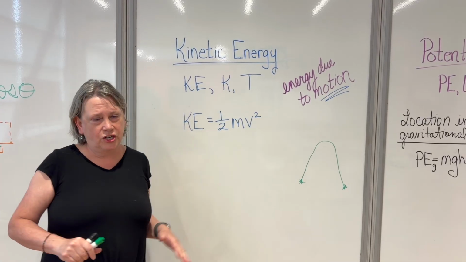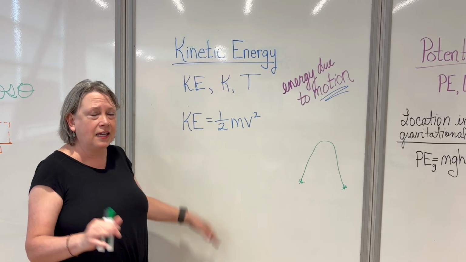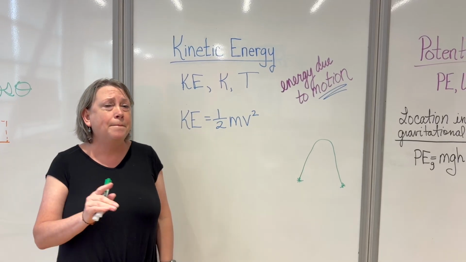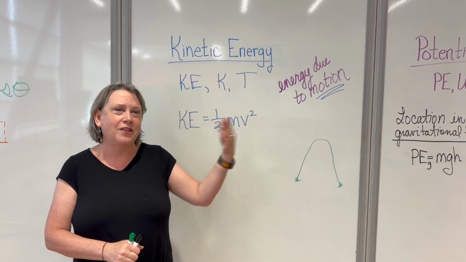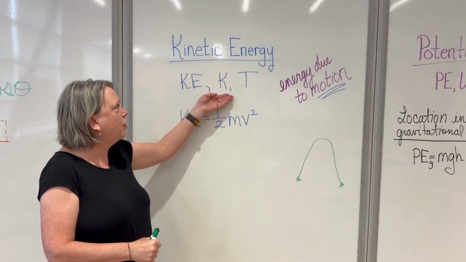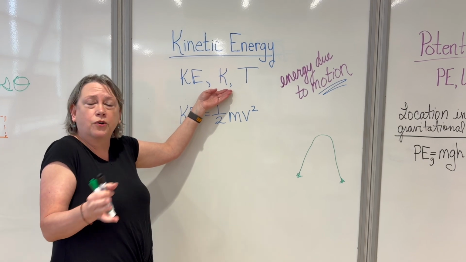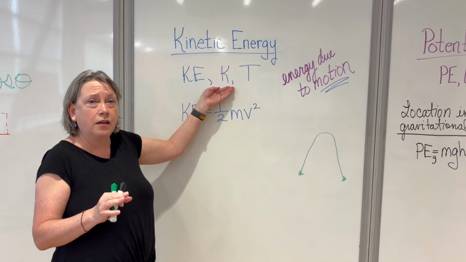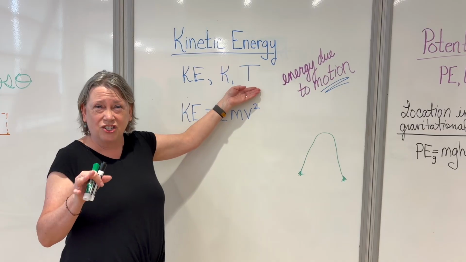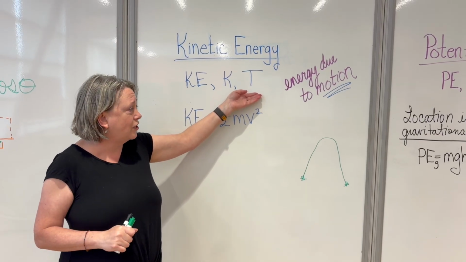A word about notation. Our book uses KE. That's what you're going to see me using, but I know that a lot of you learn with other resources, so I just want to note that if you're using other videos or other books, you might encounter just K, and you also might encounter just T for kinetic energy.